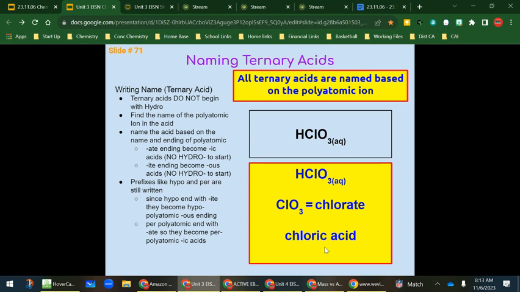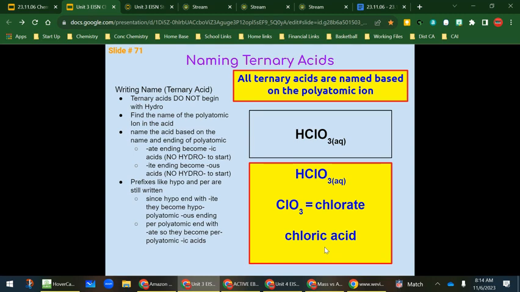But we don't begin with hydro, because then we would confuse this with hydrochloric acid, which is just hydrogen and chlorine. So if it's not binary, we don't begin with hydro. That is the way we distinguish between a binary acid and a ternary acid. Binary acids' names begin with hydro, and then they have one other element with them. No hydro, it's a polyatomic. We have to find it on the back of our periodic table.